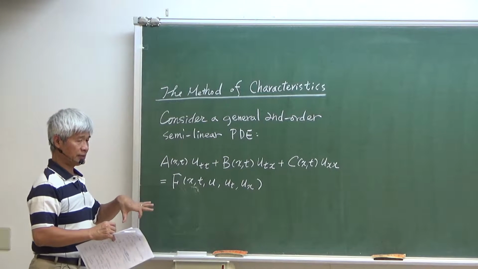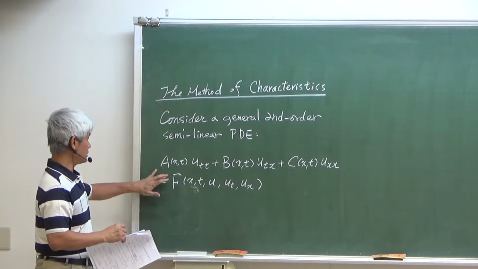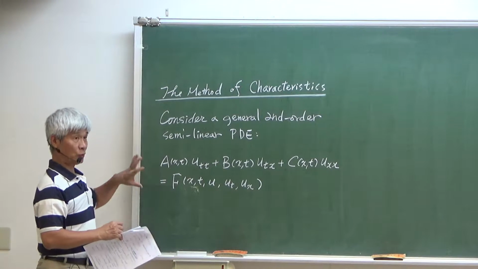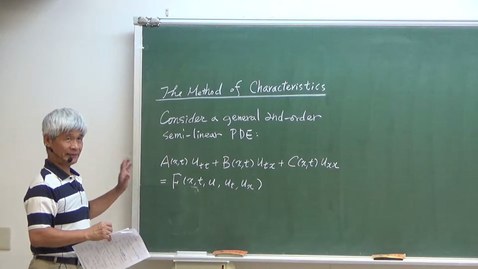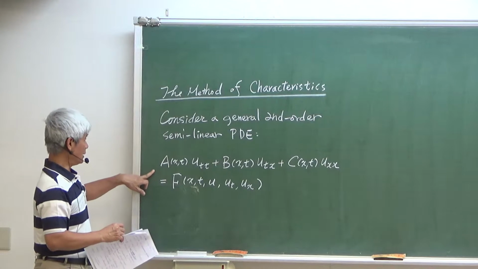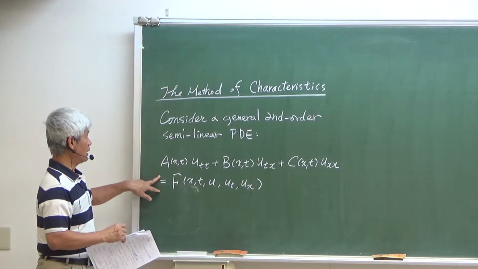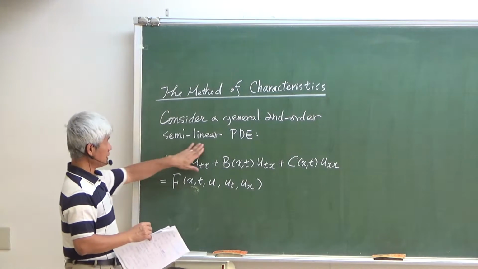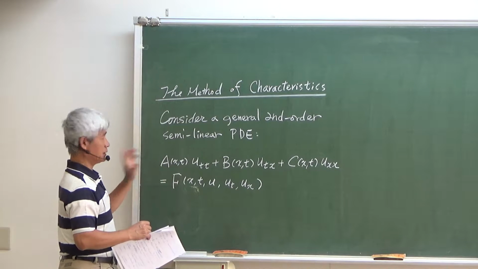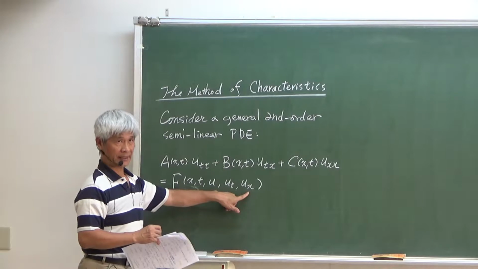In the textbook, the author calls such PDE quasi-linear. Actually, in mathematics, people usually use semi-linear to describe such kind of PDE, because for quasi-linear PDE, the coefficient may depend on u, u_t and u_x.